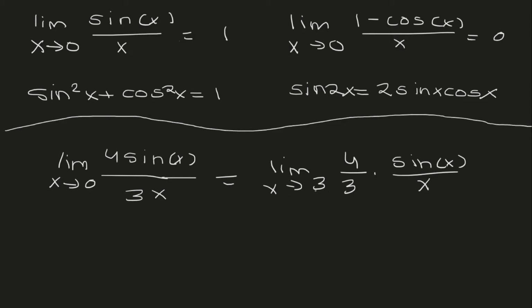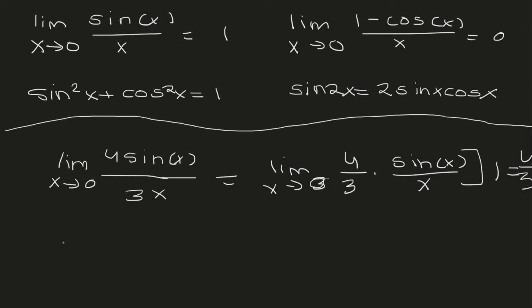I don't know why that's a 3, that should be a 0. Sorry about that. In that case, we can simplify this part of the equation into 1, and this part remains 4/3. And since there are no x's to plug 0 in, we just take it as it is. 4/3 will be our final answer.